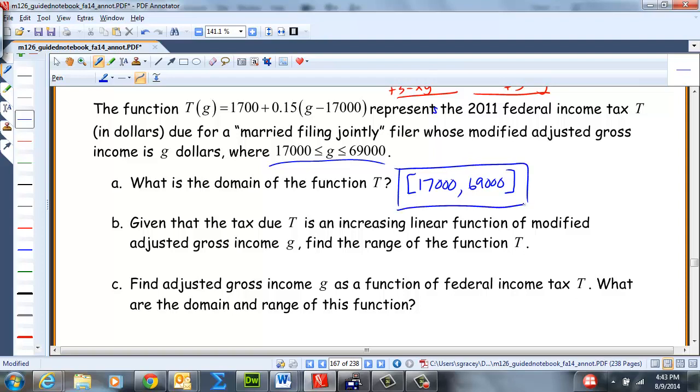Given that the tax due T is an increasing linear function of modified adjusted gross income G, find the range of the function T. So that tells us if we plug in 17,000 to the function, that'll get us our initial range value, and then our ending range value will be found by evaluating T at 69,000. So let's do it. T evaluated at 17,000 is, let's get our calculator out.